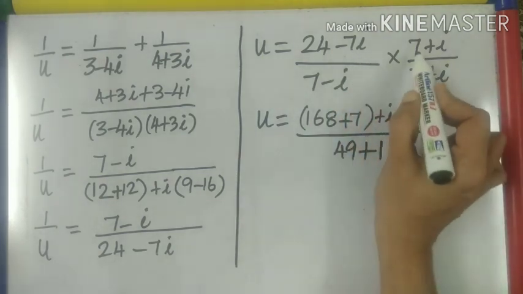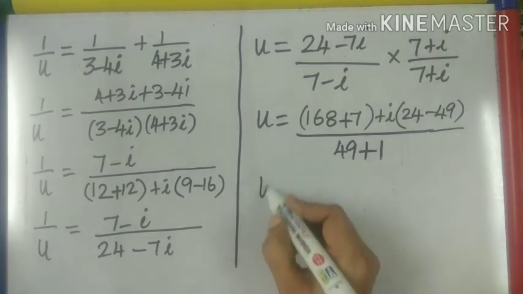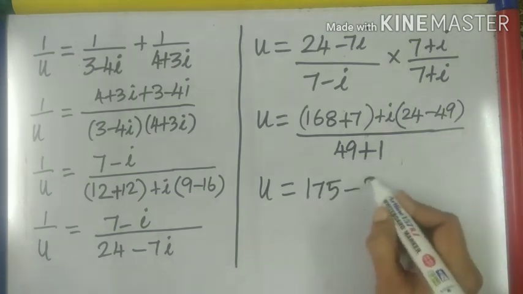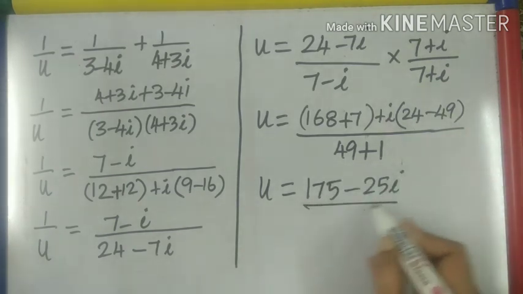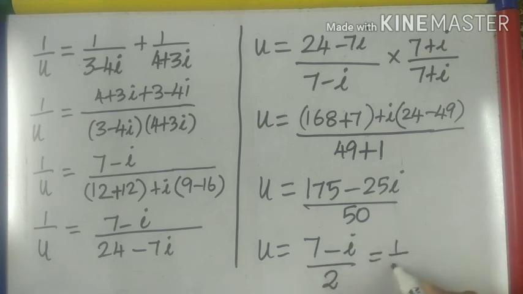Minus imaginary and imaginary, 49. Simplify the answer. u is equal to 175 minus 25i divided by 50. You can cancel 25 throughout. 7 minus i by 2. Or else 1 by 2 into 7 minus i. That is the answer.